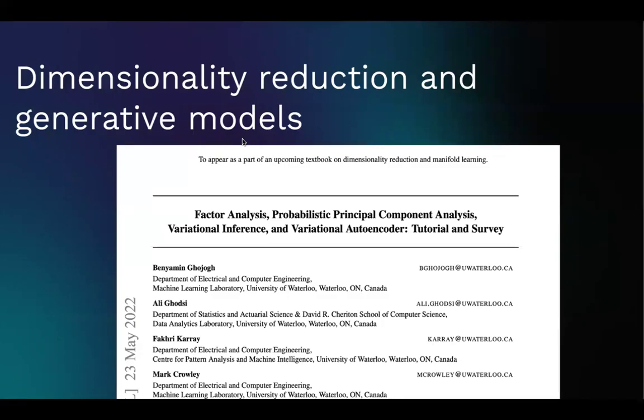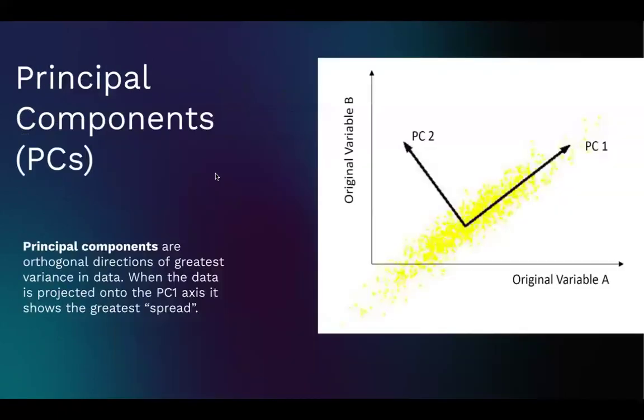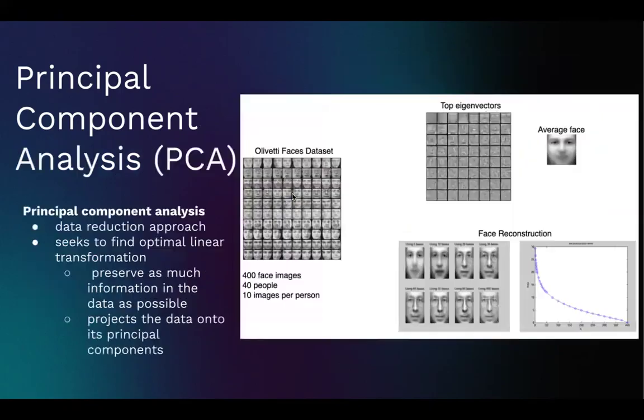To kick off the talk, I'm going to start with principal components. Principal components, as we know, are basically the orthogonal directions of the greatest variance in our data, and we can use those to perform what we know as principal component analysis.